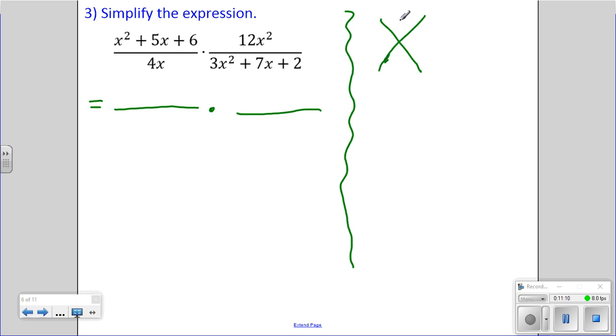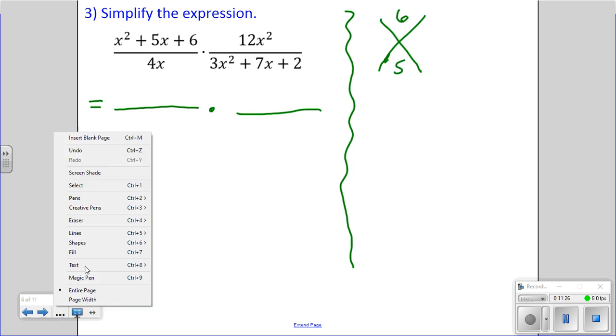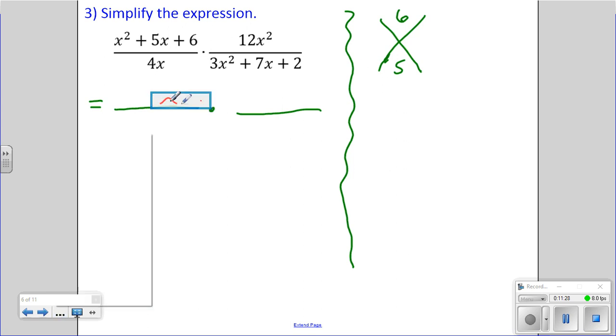So again, you put a times c at the top, which is 6. You put b at the bottom, which is 5. And ask yourself, what factors of positive 6 will give me a positive 5? So we know that the factors have to both be positive because a times c is positive and b is positive.